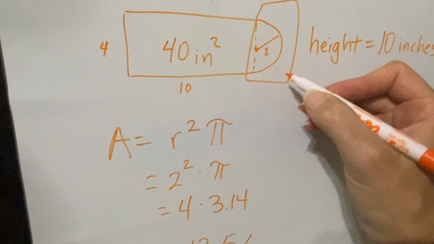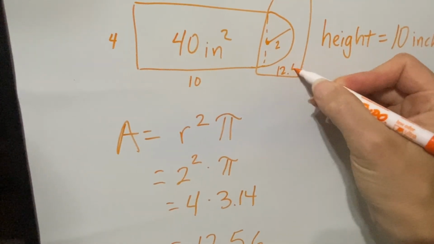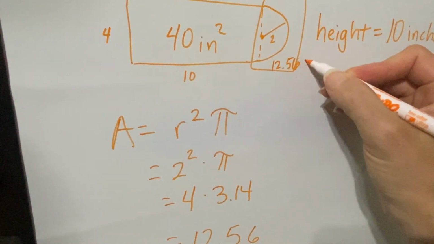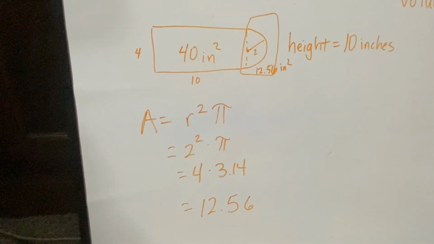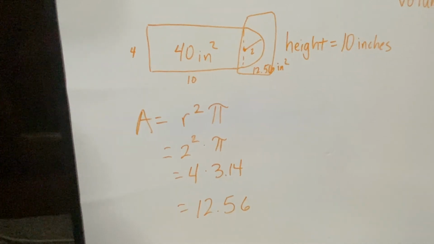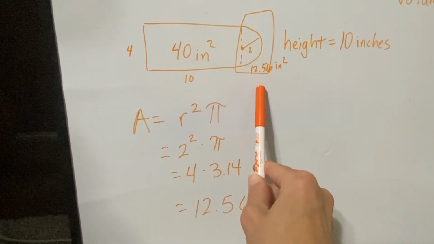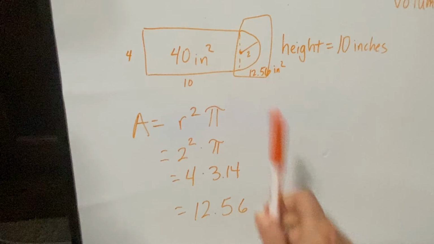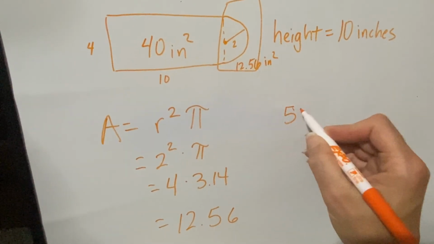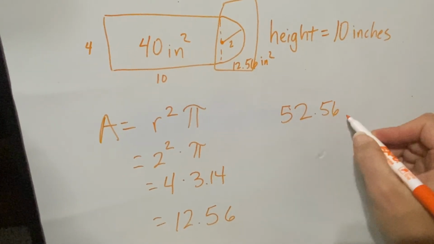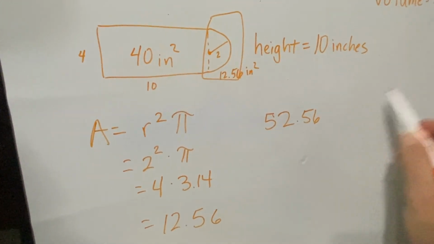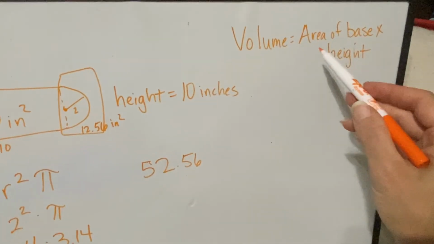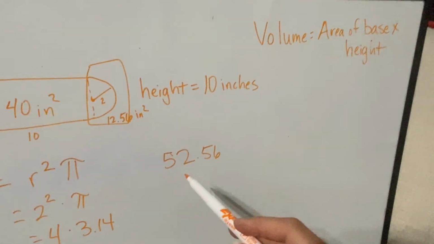So this is 12 and 56 hundredths square inches, and we're going to add that together. So 40 square inches plus 12 and 56 hundredths is 52 and 56 hundredths square inches. Those two added together, we're going to take that as the area of our base. So that's the area of our base.